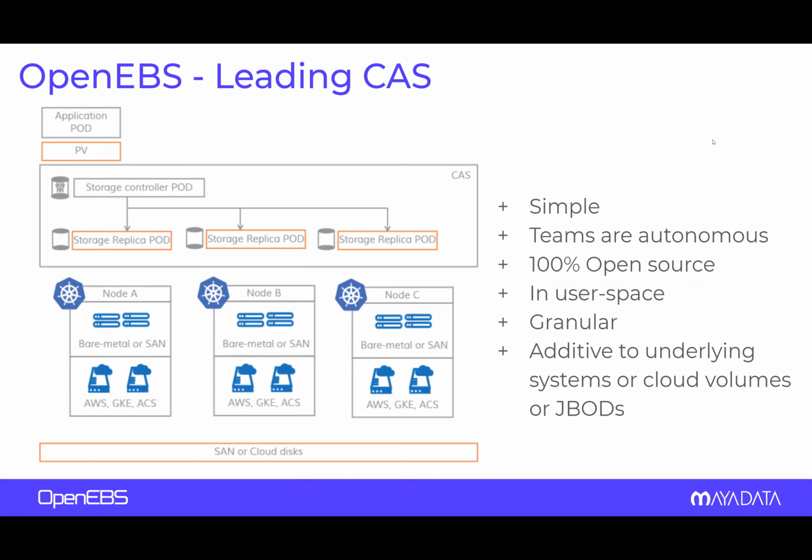In the case of OpenEBS, we at MayaData started an open source project called OpenEBS that we have donated to the Cloud Native Computing Foundation. What's unique is that everything happens in user space. Each and every DevOps team gets its own storage system.